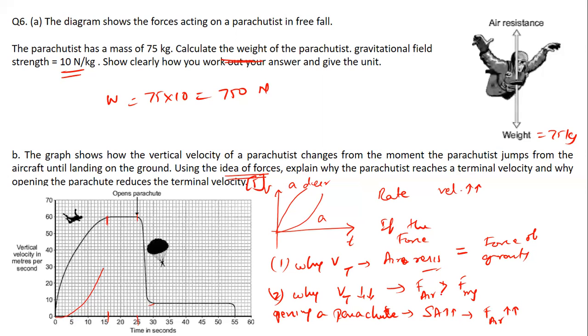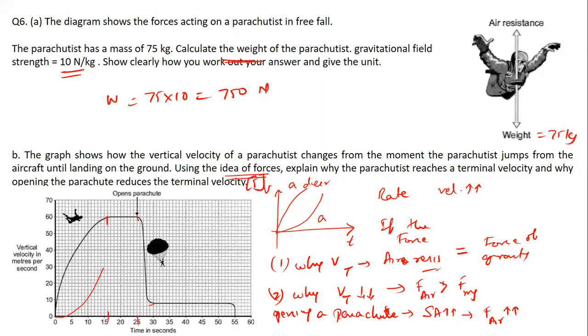Definitely air resistance is greater than mg, but it will take some time for the air resistance and mg to become equal. Now he already has a lot of inertia here. He has a very high inertia, around 60 meters per second as his velocity.